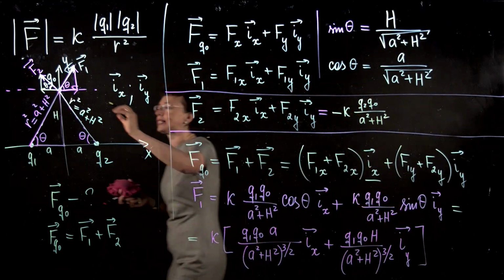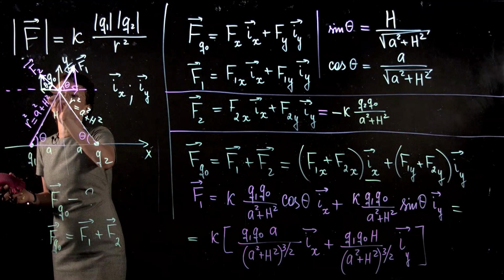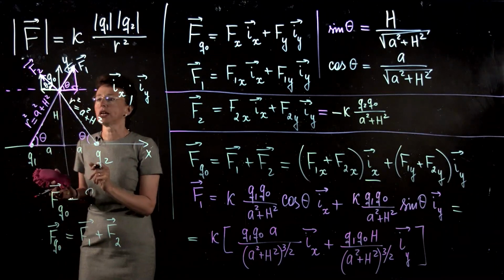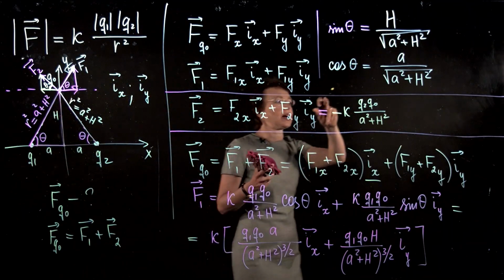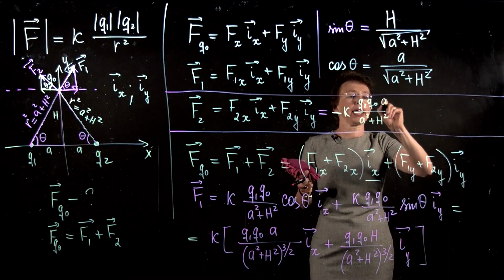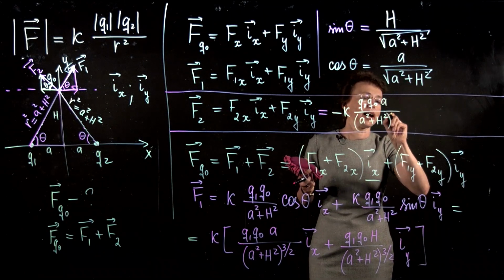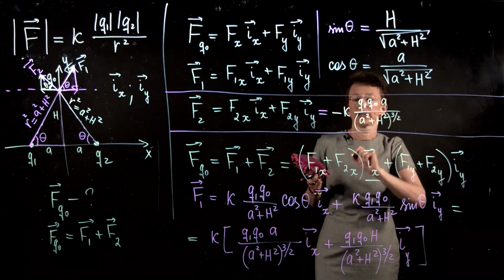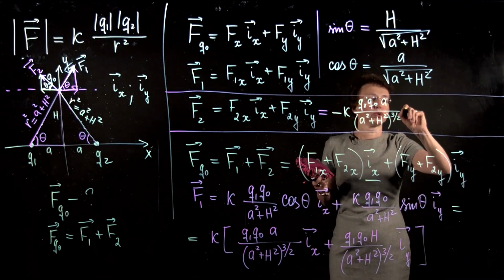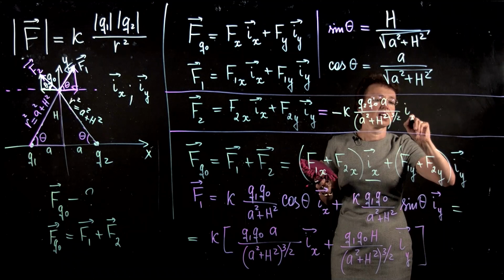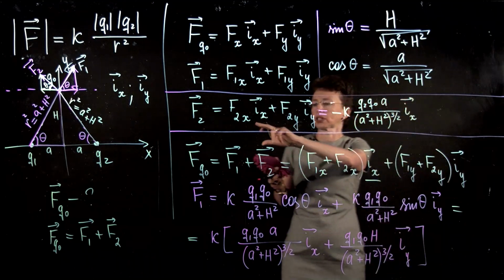I need to multiply by cosine theta to get the x component. So we already know what cosine theta is. It will give me a in the numerator. And then here I will have 3/2. So I put ix. This is my x component of F2.